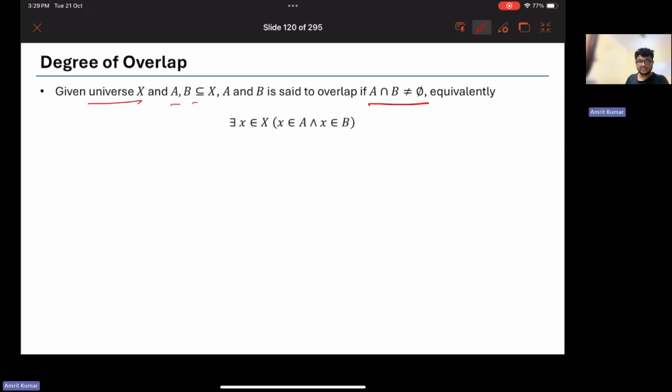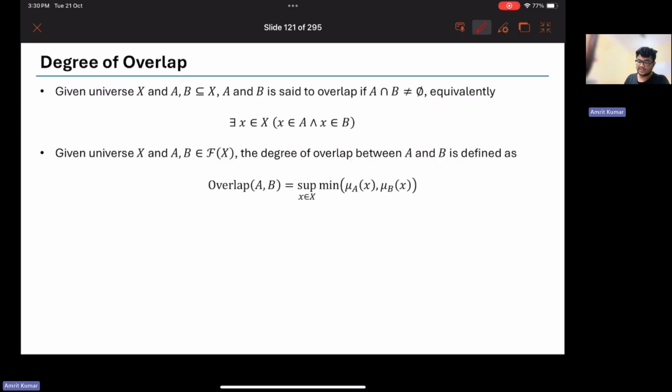Or if we translate this in logical terms, A and B are said to overlap when there exists an element in the universe X such that X belongs to A and X belongs to B. So if instead of having crisp sets A and B, we had fuzzy sets A and B over X, and we wanted to compute to what extent A and B overlap, then we can arrive at a formula for that by looking at what happens in the classical setting and then fuzzifying it. That's exactly what we do.